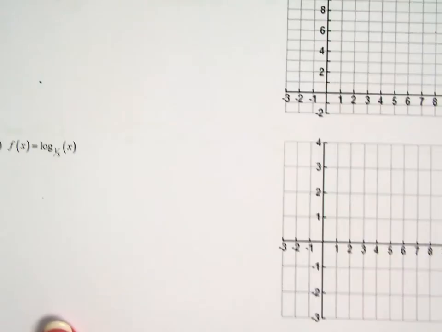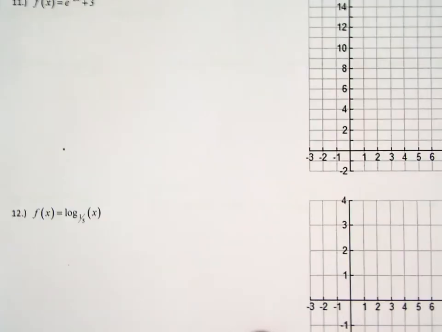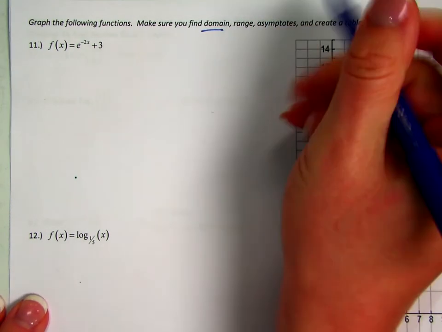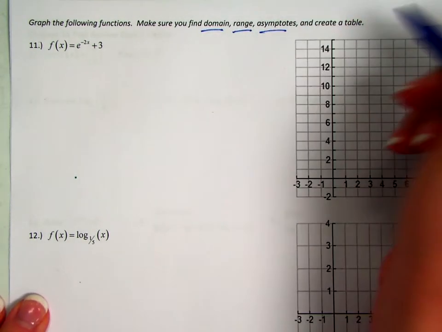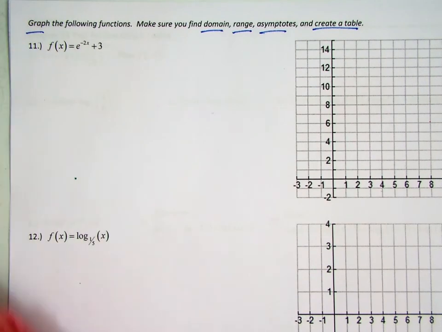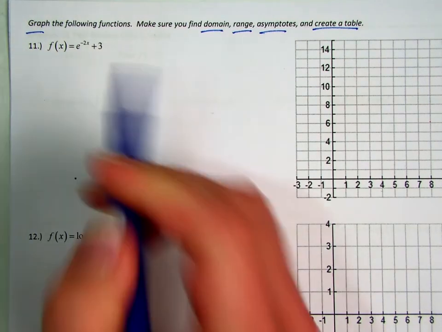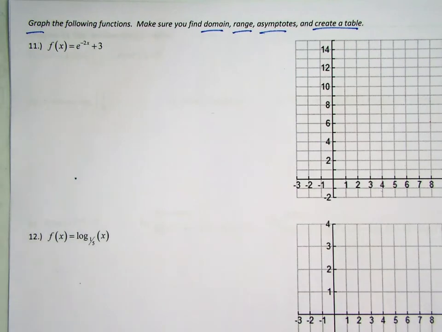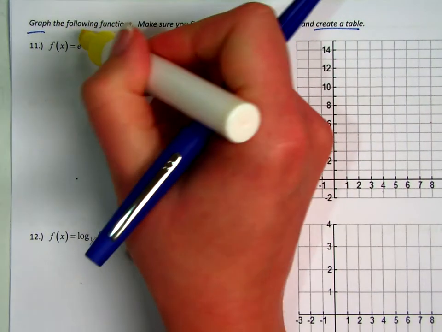All right, so now we're going to move on to the last page, which is all about graphing. Every time you're doing this, you're going to be asked to find the domain, range, list the asymptotes, create a table, and of course graph. So right away, I notice that this is exponential because we have an exponent with a variable.